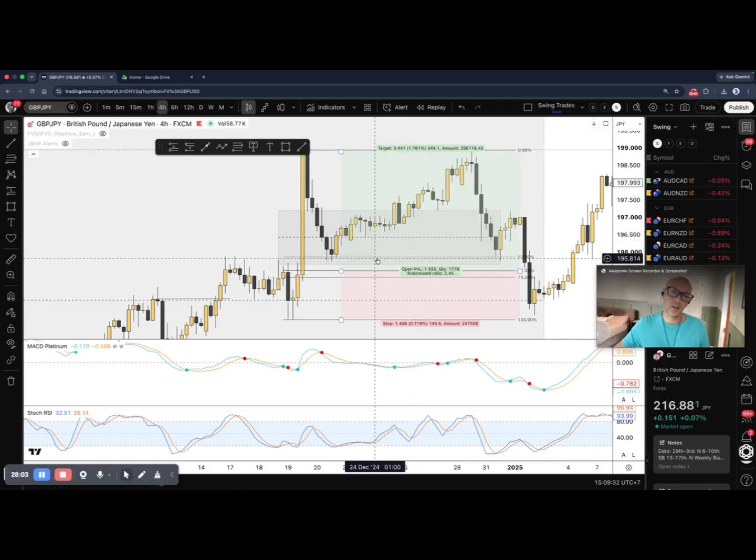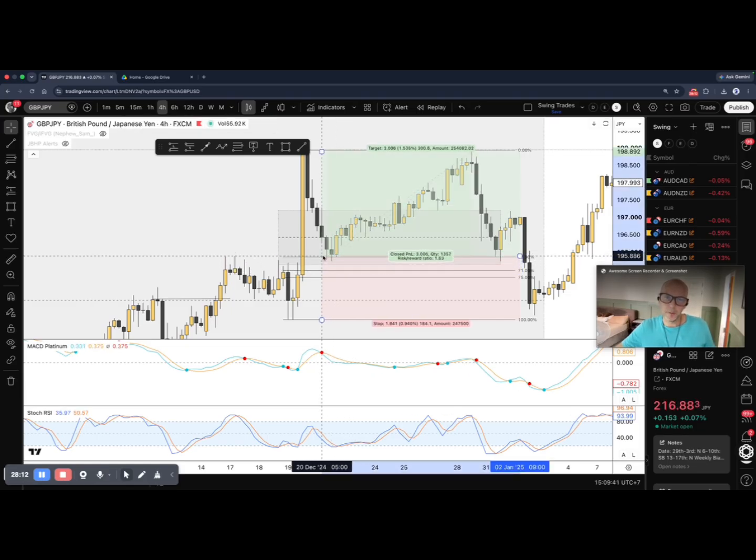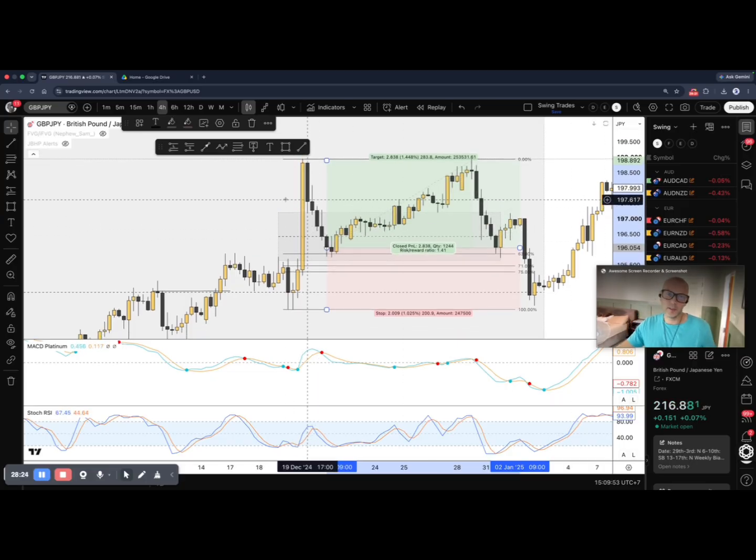But like I said, this is just a zone. You've also got to consider the area of imbalance, and perhaps you would have been happy at around maybe a 1.5 risk to reward ratio, perhaps, if you wanted to cover this imbalance a little bit more. But of course, that's discretionary.